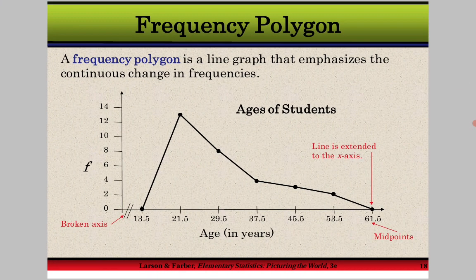Frequency polygon is a line graph that emphasizes the continuous changes in the frequencies. Generally a frequency polygon is used to measure or identify the changes in the frequencies in the given data.